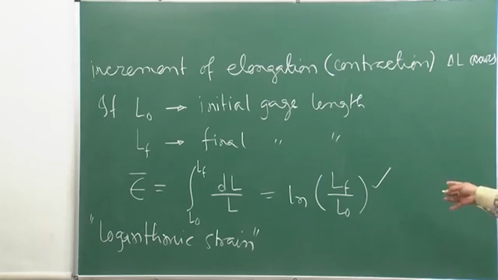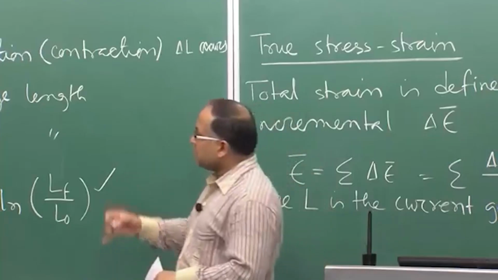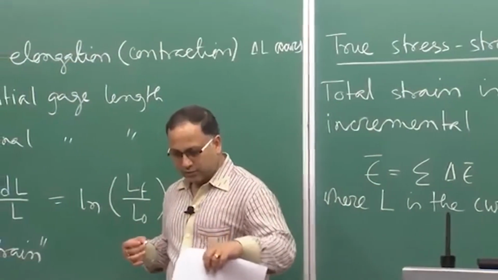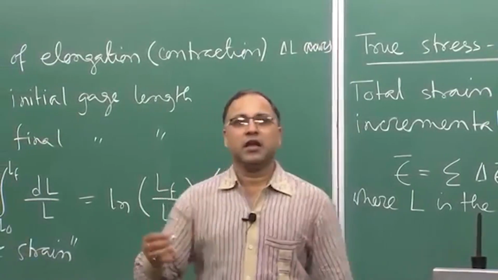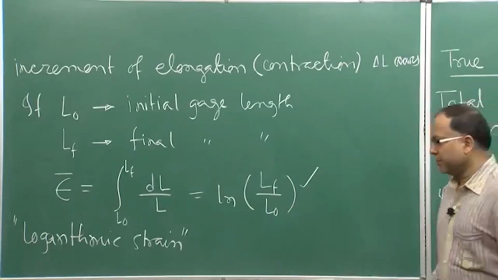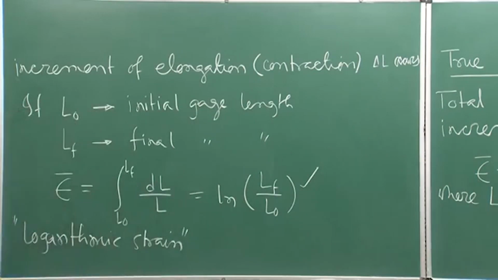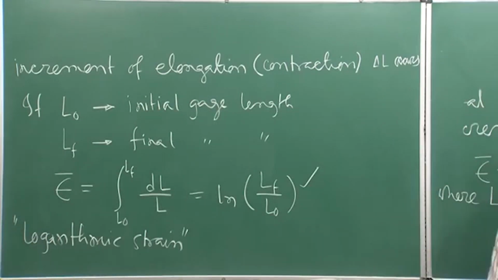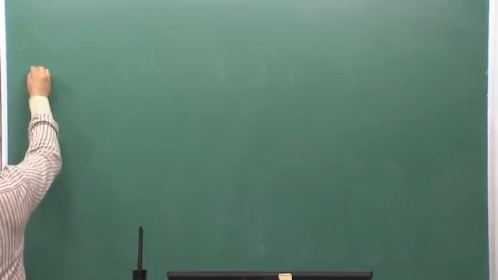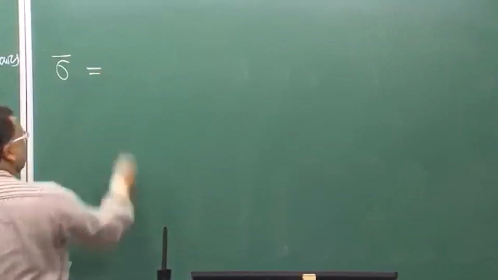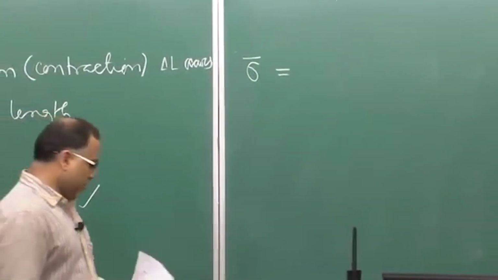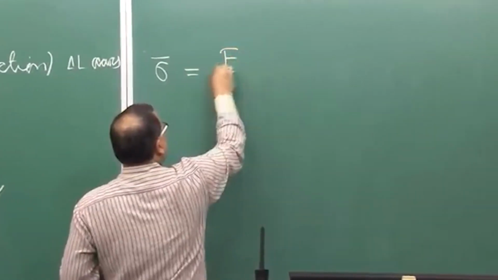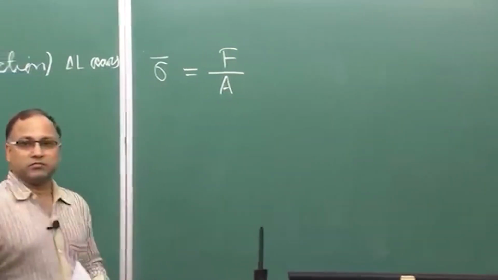Okay. So, it is continuously or continually you are getting the increment or the elongation, and based on that you are calculating the strain. Okay. Similarly, you can calculate the stress, that means true stress. So, true stress, that sigma bar we are saying, okay, true stress is given by F by A, not A naught.